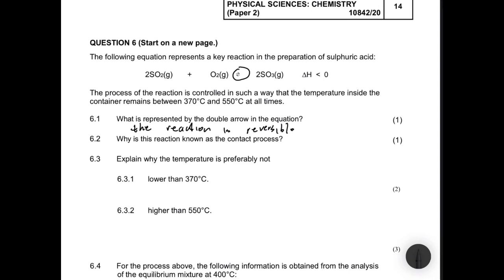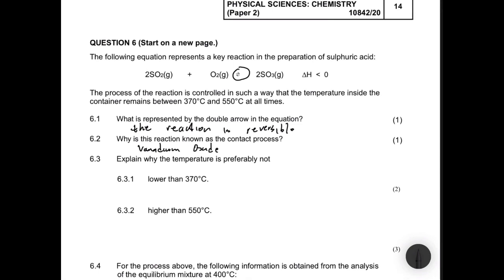We need vanadium oxide, right? So the catalyst for our contact process is vanadium oxide. But that's not what the question is asking us. The question just wants us to explain that it is known as the contact process because we are in contact with a catalyst, and you get your 1 mark.